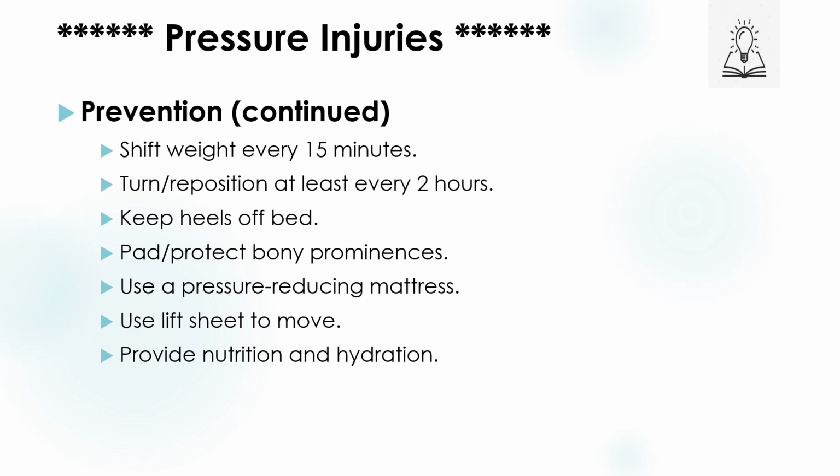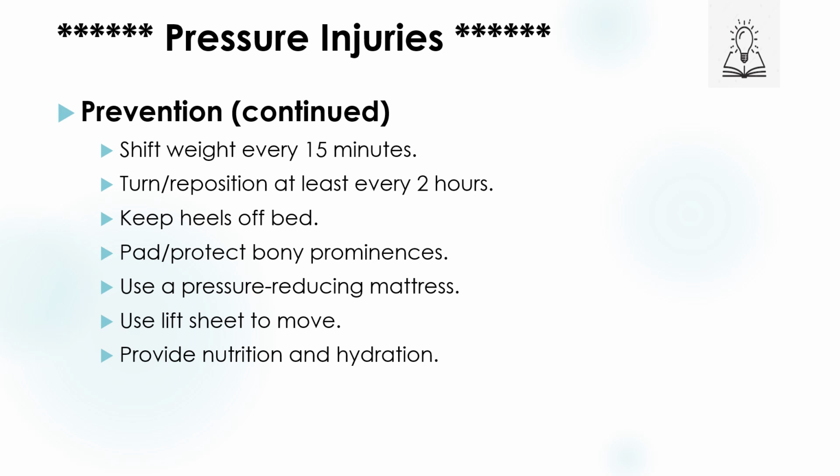Malnutrition and weight loss can lead to muscle wasting and reduced padding over the bony prominences, increasing the risk for pressure injuries. So you want to aim for at least 30 to 35 kcal per kilogram of body weight per day to meet the energy needs. As far as protein, it is essential for tissue repair and maintenance.